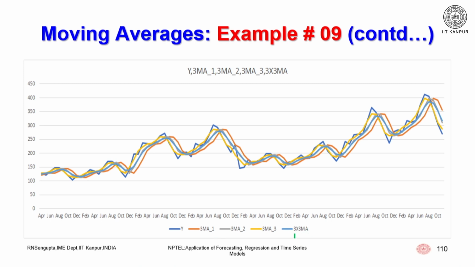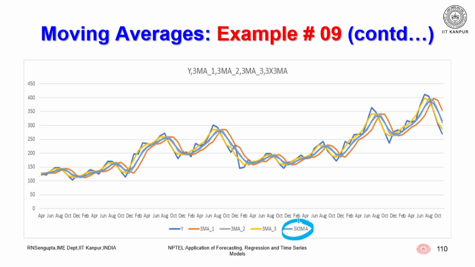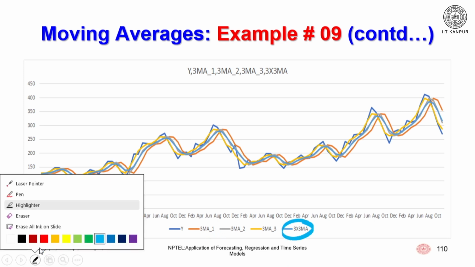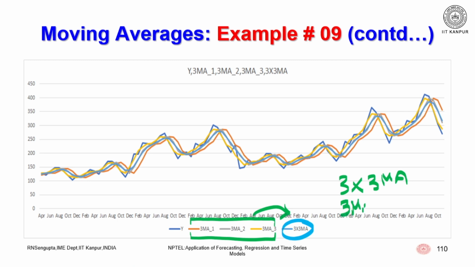That means 3 cross 3, which you have here, is basically the averages of these 3 taken together. As you remember, 3 cross 3 MA is basically combining 3 MA1, then 3 MA2 and 3 MA3.